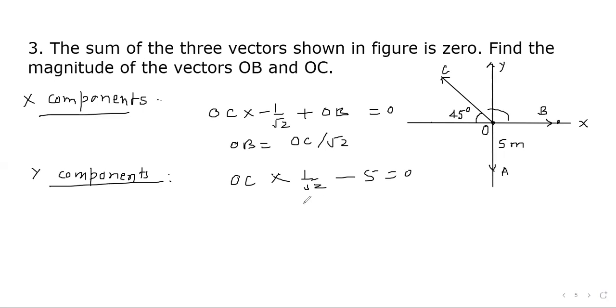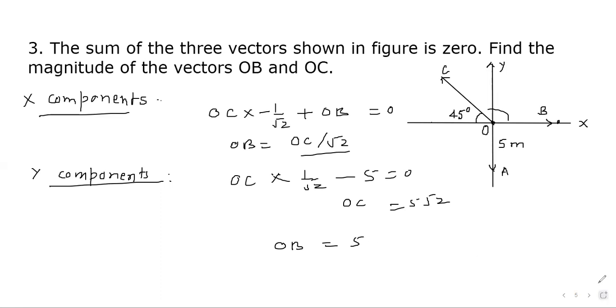So from here we get OC in magnitude equal to 5 root 2. So if we write here 5 root 2, then OB we will get as 5. So that is our answer.